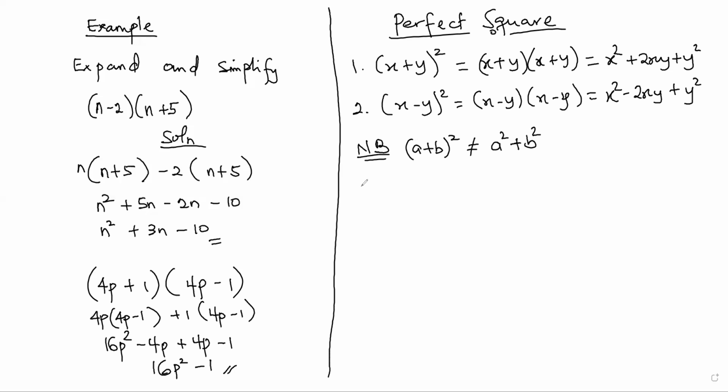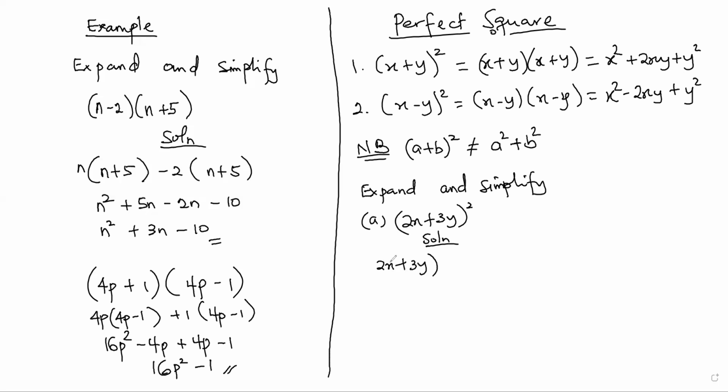Now let's take some examples. Expand and simplify. Let's say 2x plus 3y all squared. So this means that this is the same as 2x plus 3y, the same 2x plus 3y.